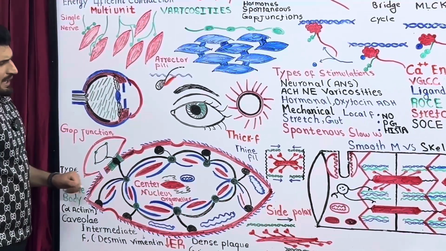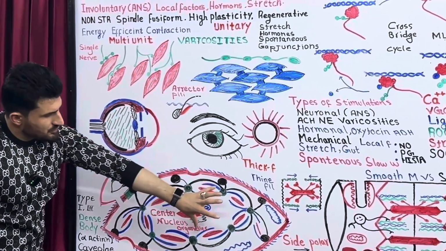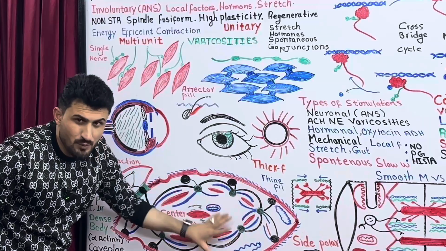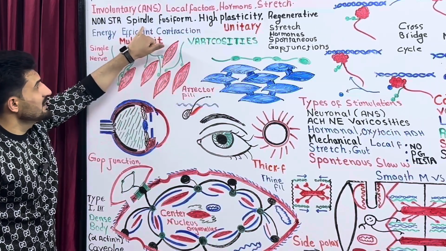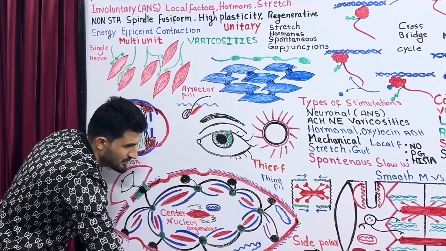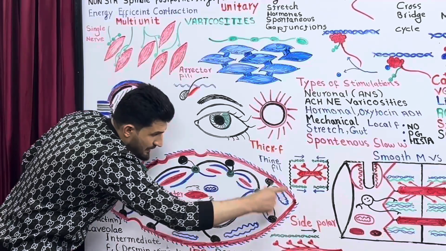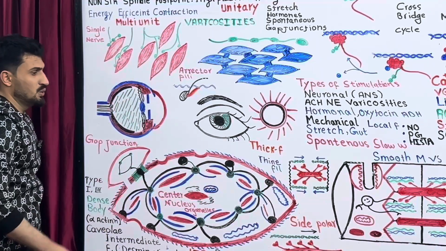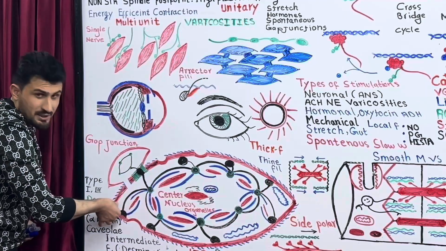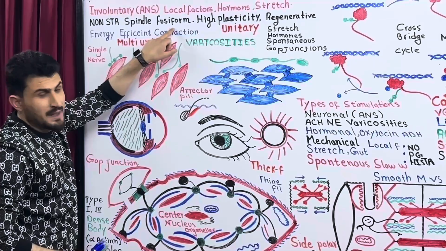Structurally, the shape of a smooth muscle cell is spindle-like or fusiform, meaning its center part is wider than its two edges, and it's tapered at both ends. That's why it's called a spindle-like or fusiform cell.